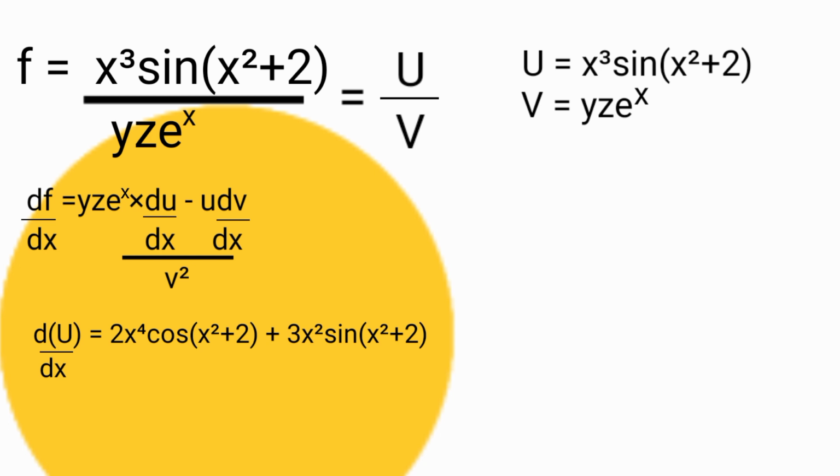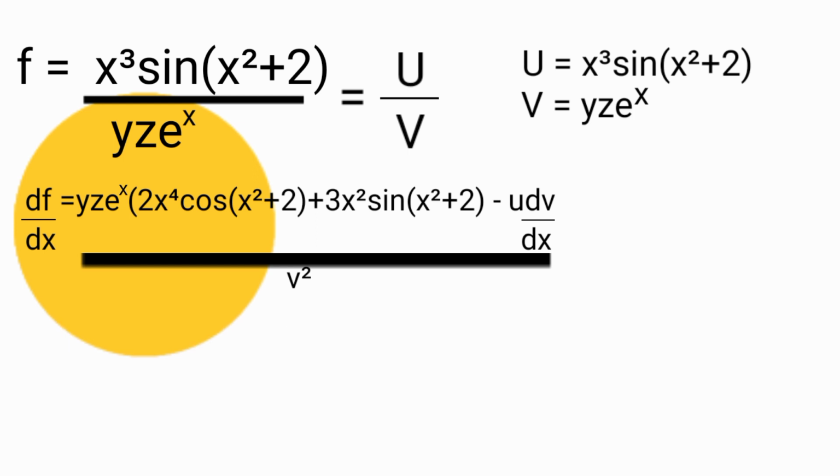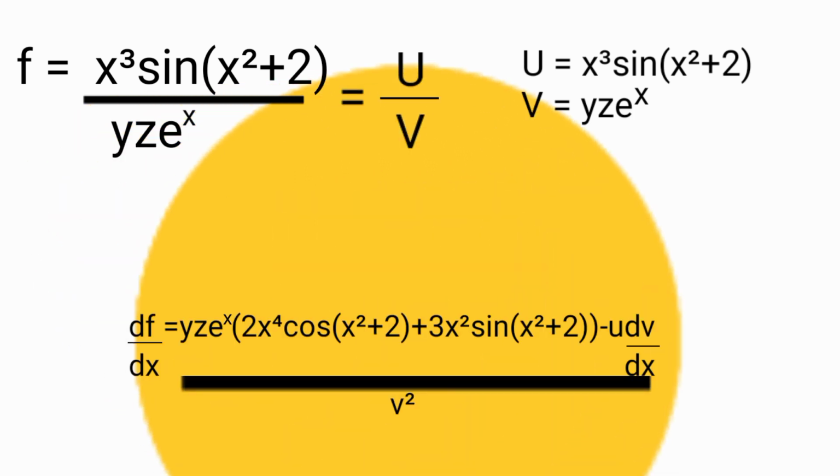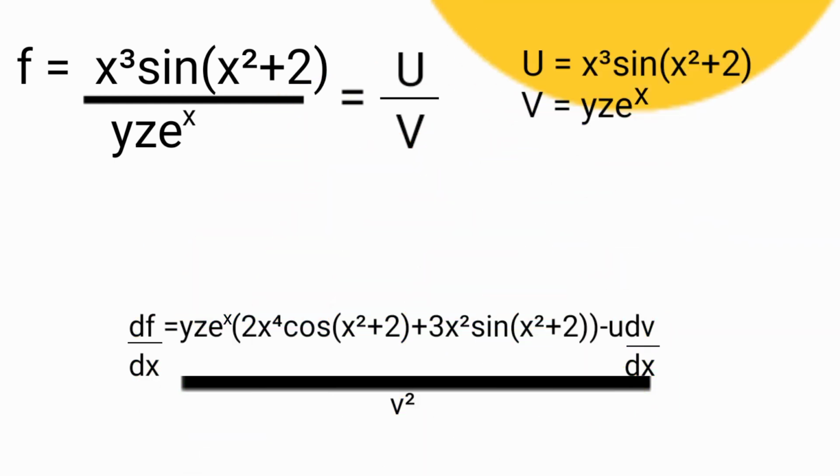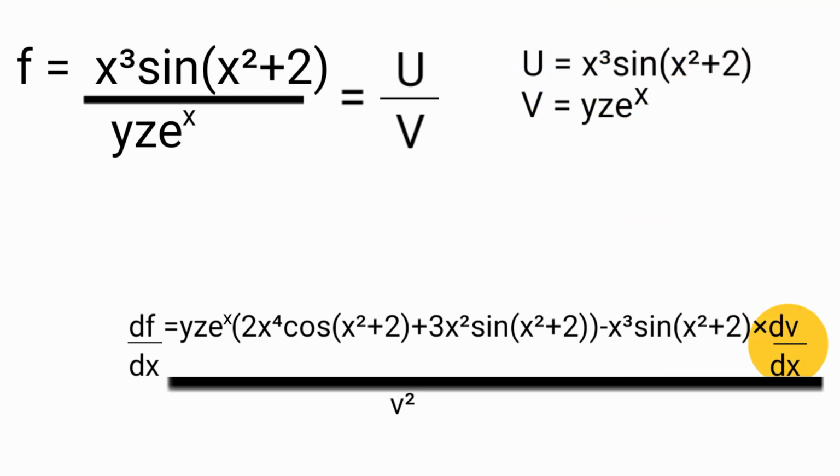Since we have du/dx now, we can substitute directly into our equation. So now df/dx is equal to y z exponential x, open bracket, 2x to the power 4 cos of x squared plus 2 plus 3x squared sine of x squared plus 2, minus u, which we have here to be equal to x cubed sine of x squared plus 2, times dv/dx. So what is dv/dx? We have here v equal to y z exponential x.